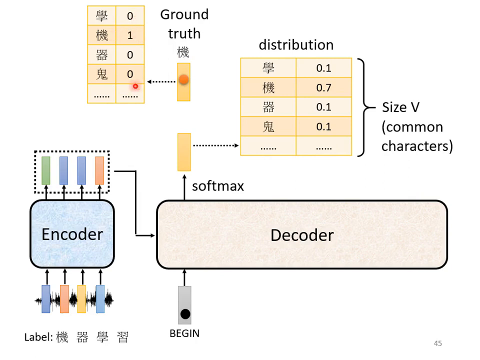All the others are 0. This is the ground truth. Then the output of our decoder is a distribution, a probability distribution. We hope that this distribution is closer to this one-hot vector. So you will calculate the cross-entropy between the ground truth and this distribution. Then we hope that the smaller the value of this cross-entropy is, the better.